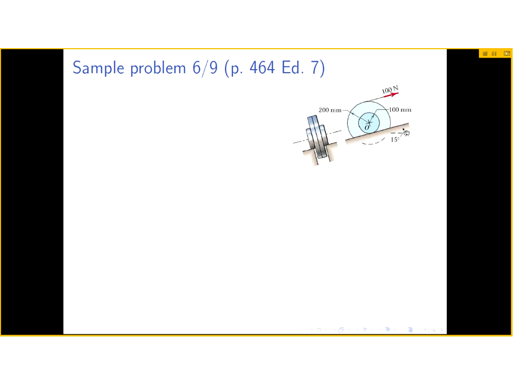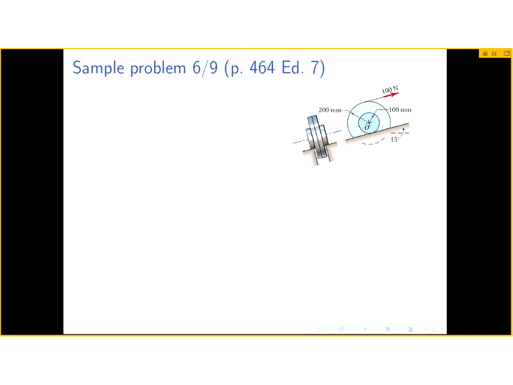In other words, in a direction 15 degrees with the horizontal. The road, of course, is an incline at 15 degrees with the horizontal, so this 100 Newton load on the cord is also in the direction 15 degrees from the horizontal.